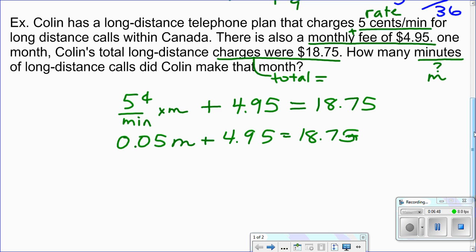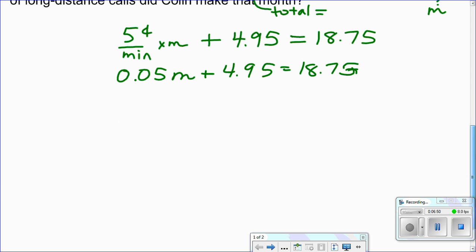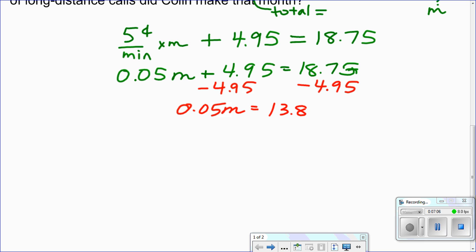Okay, so now we're just going to solve for M. So we get 0.05M is equal to 13.8 or $15.80. Divide by 0.05 on both sides, and M is equal to 276.